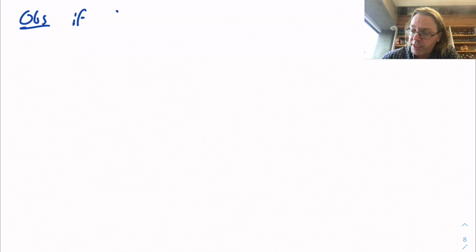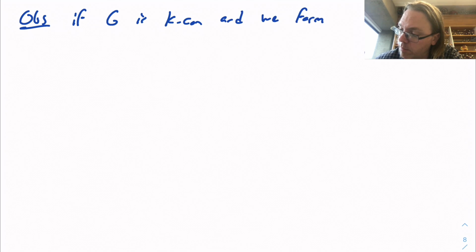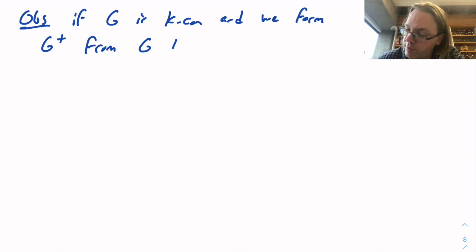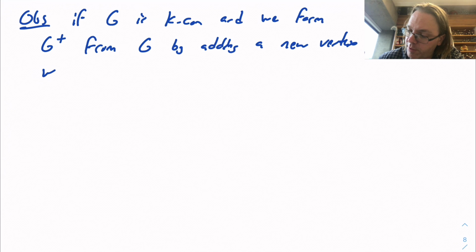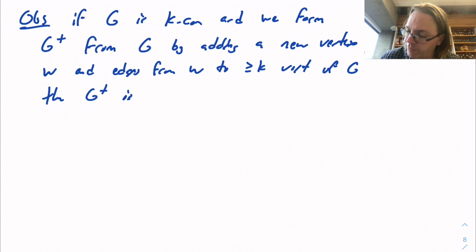If I give you a k-connected graph G, and you form a new graph G plus from G by adding a new vertex, say W, and joining W to at least k vertices of G, then G plus is also k connected.